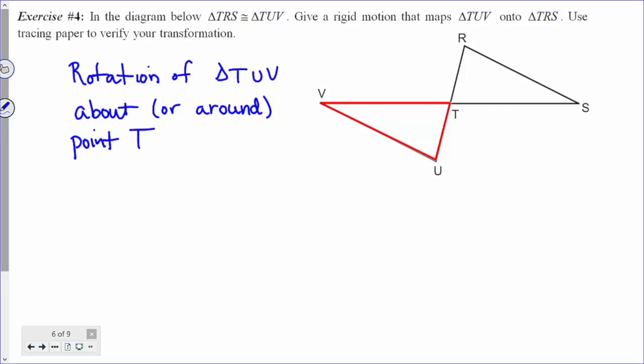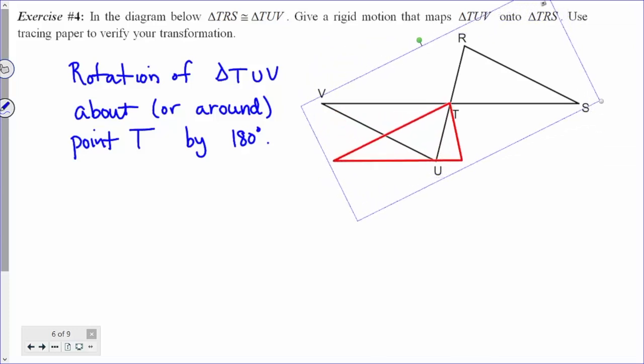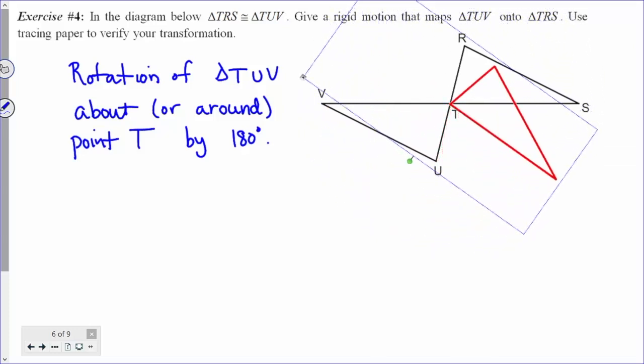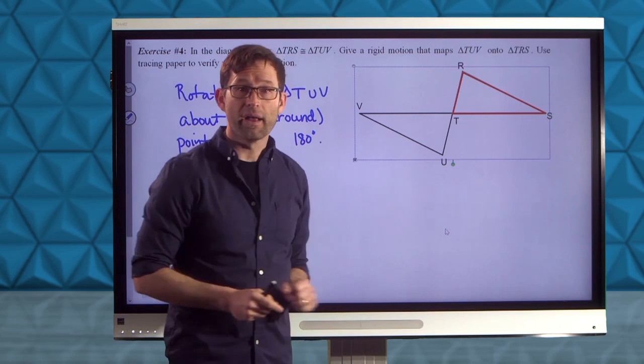About point T by 180 degrees. Let's take a look. It's really kind of cool. If I take this and I start to rotate it about point T, what I'll see is that eventually it will land on TRS.